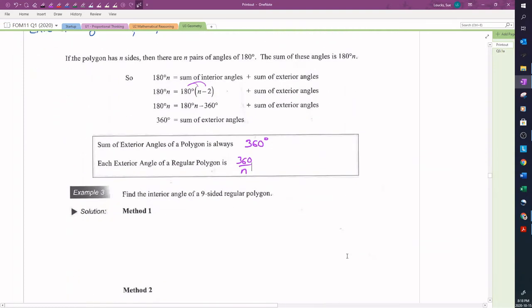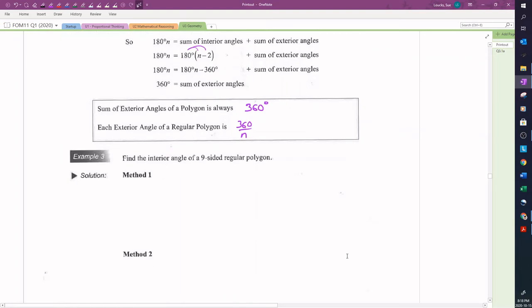Find the interior angle of a 9-sided polygon.